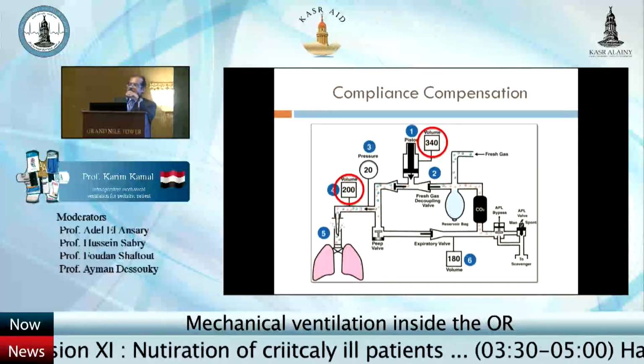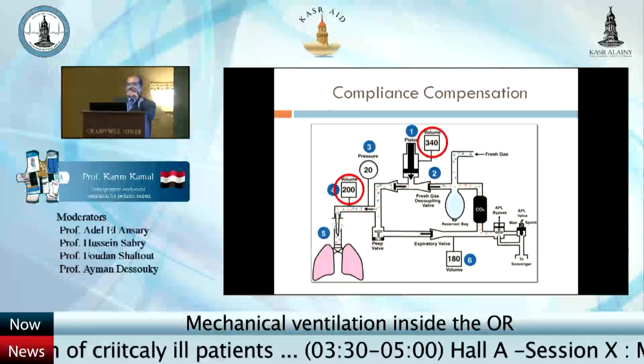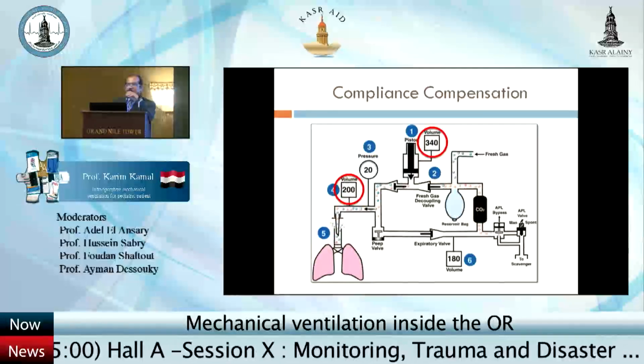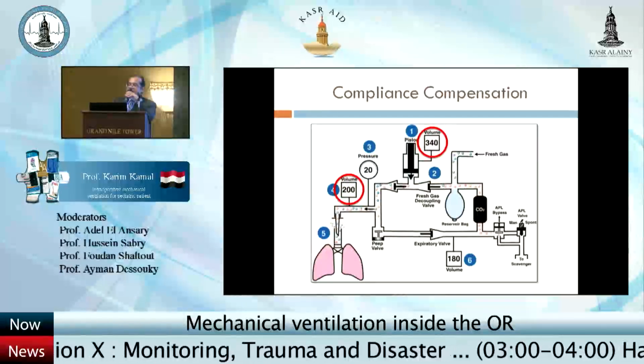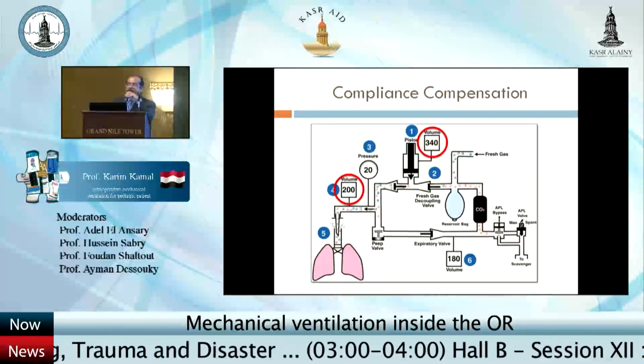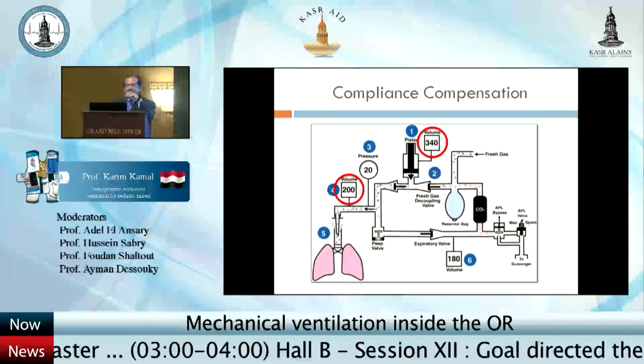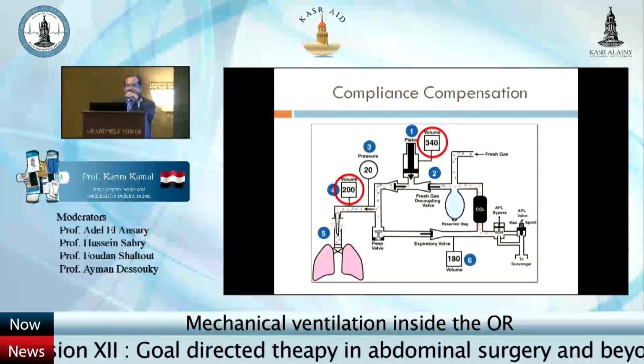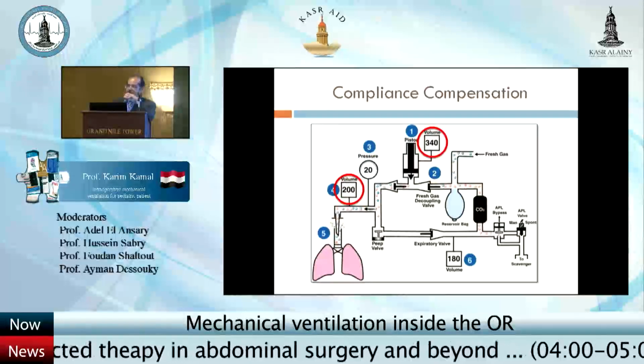So, the ventilator does a pre-use test and determines that 140 milliliter will be compressed inside the circuit. So, it delivers 340 milliliter inside the circuit so that what reaches the patient is the 200 milliliters that I want him to receive. And this is called compliance compensation.